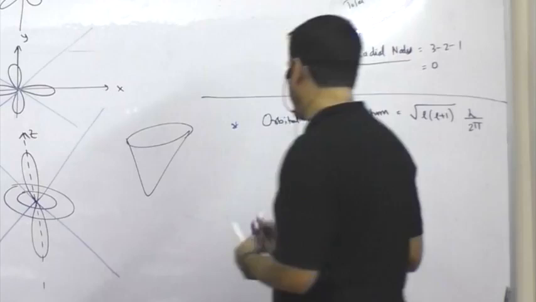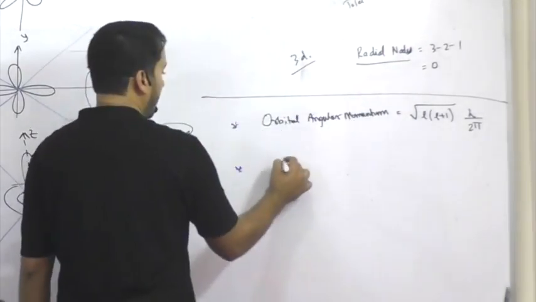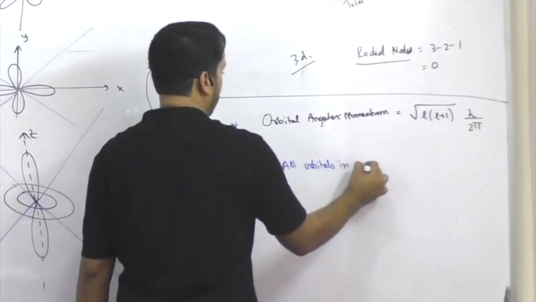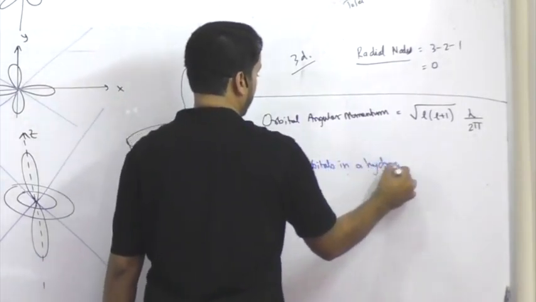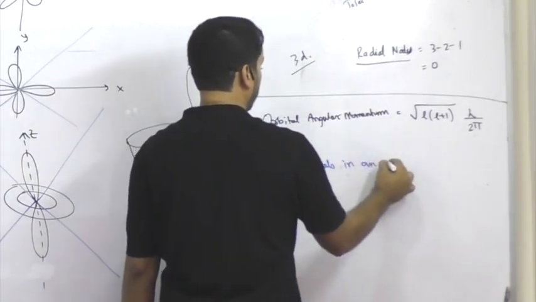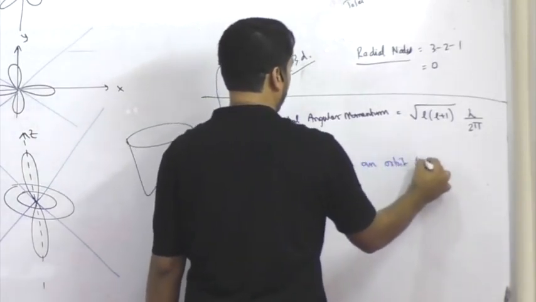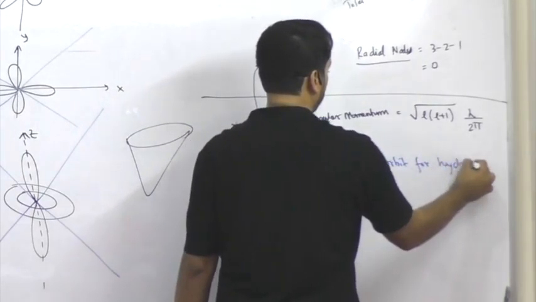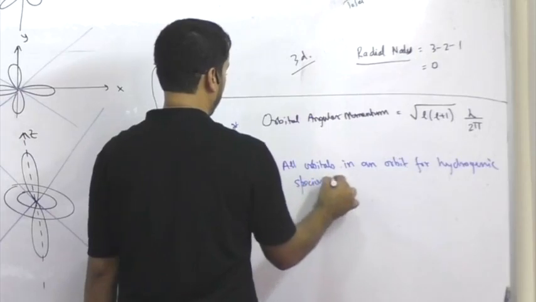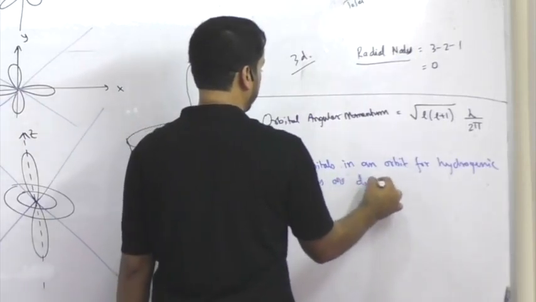Another important thing to remember is that all orbitals in an orbit for hydrogenic species are degenerate.